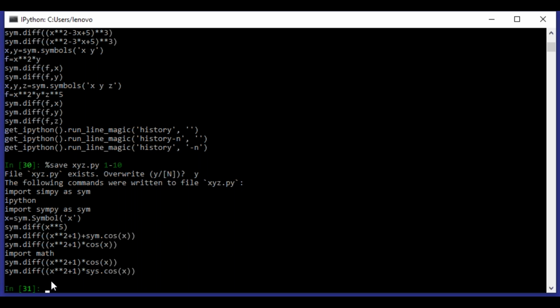That is an add-on you can use for saving the commands which we have typed. Only that much.